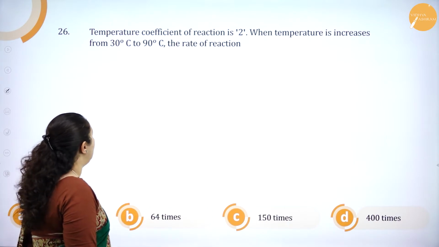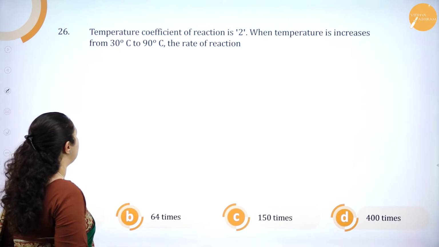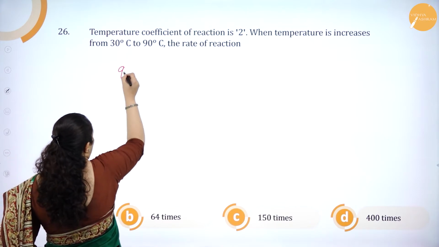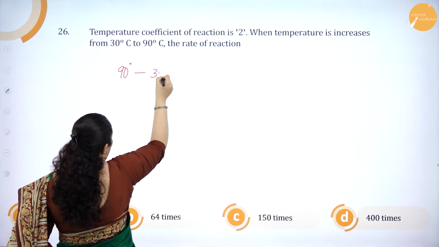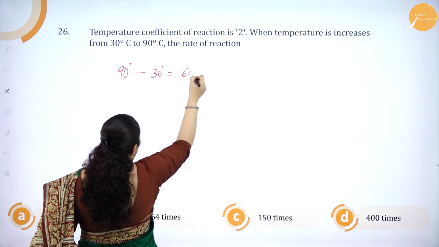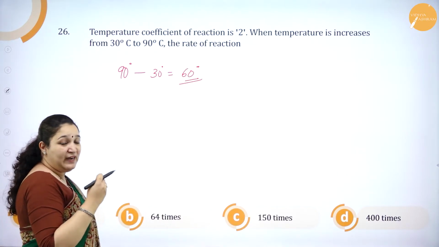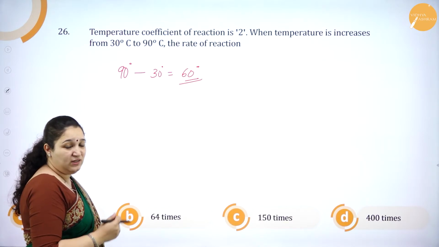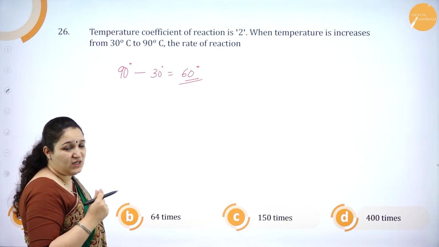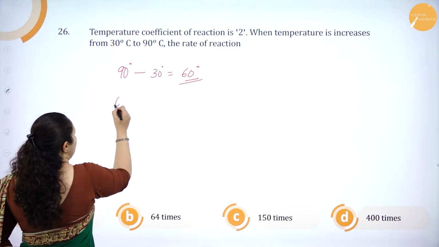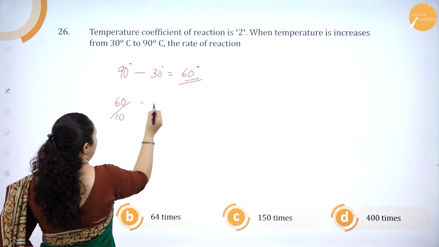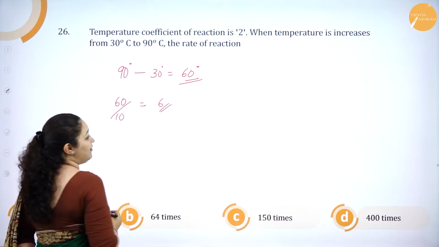So how much is the increase in temperature? That is 90 degrees Celsius minus 30 degrees Celsius. They have increased by 60 degrees Celsius. So for every 10 degree rise in temperature, the coefficient is 2. So 60 means how many times have they increased? 6 times.